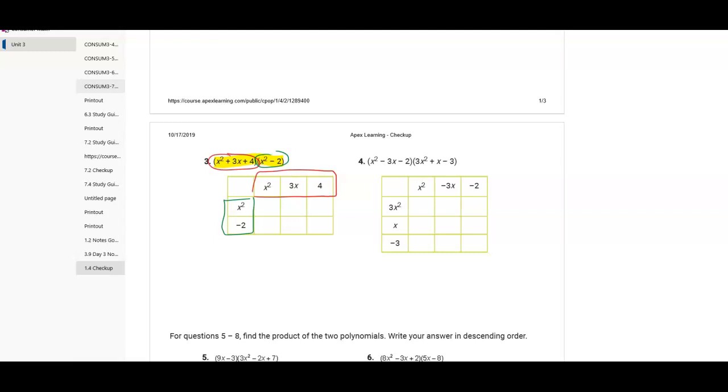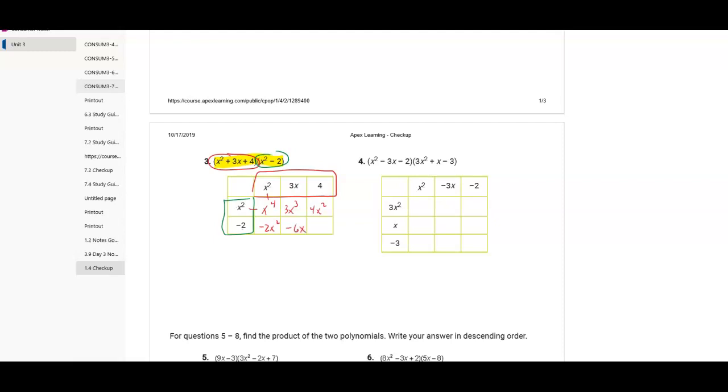Now, to get this box, you would take this box and this box, multiply them together to get x to the fourth. Then x squared times 3x is going to give you 3x to the third. X squared times 4 would give you 4x squared. Negative 2 times x squared is minus 2x squared.